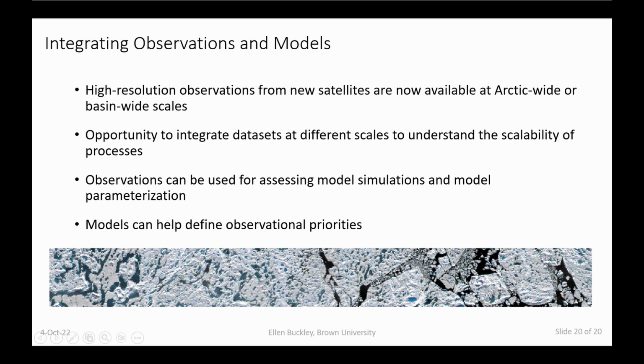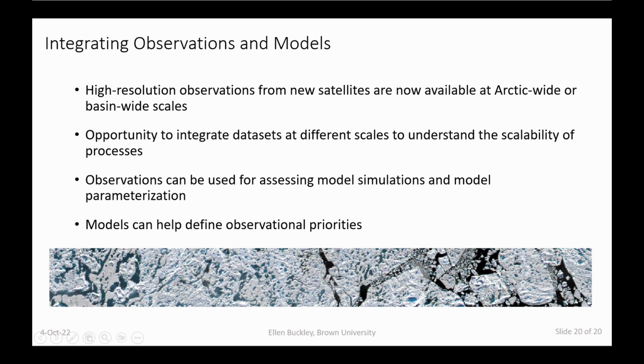Right, so I'm here as a remote sensing scientist, so I think it's interesting to talk about what kinds of observations are useful for models, and how to generate products that can be used. We have these high resolution new observations that are available Arctic-wide or basin-wide, which might add information to how we look at melt pond model validation and parameterization.